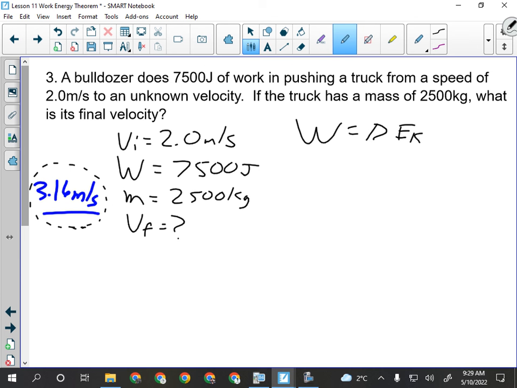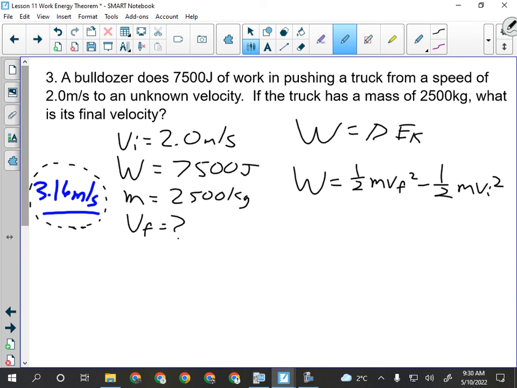Okay, so that's going to mean work equals, and notice I'm not putting in the force times distance because I was given neither and asked for neither. I was told, here's the amount of work, so I have that number. Equals 1/2 mvf squared minus 1/2 mvi squared. Okay, so I want to get vf by itself.